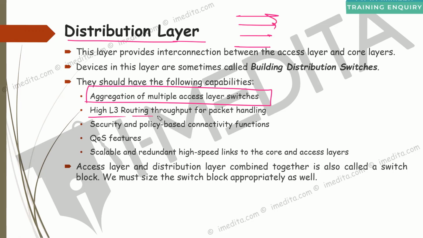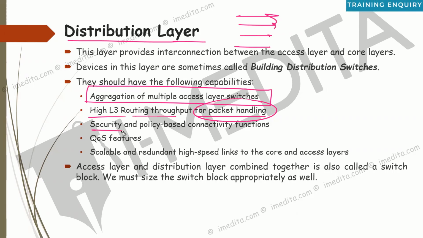Very high layer 3 routing throughput should be available for packet handling. We should be able to perform routing based on protocols such as OSPF, maybe BGP, border gateway protocol, as well. The point remains the same: routing capabilities have to be enabled on whatever switches we connect at the distribution layer, and they should be able to route the packets as efficiently as possible.